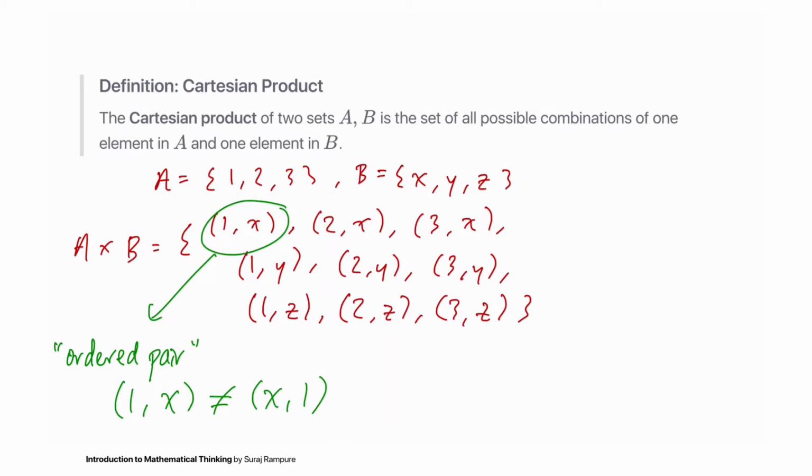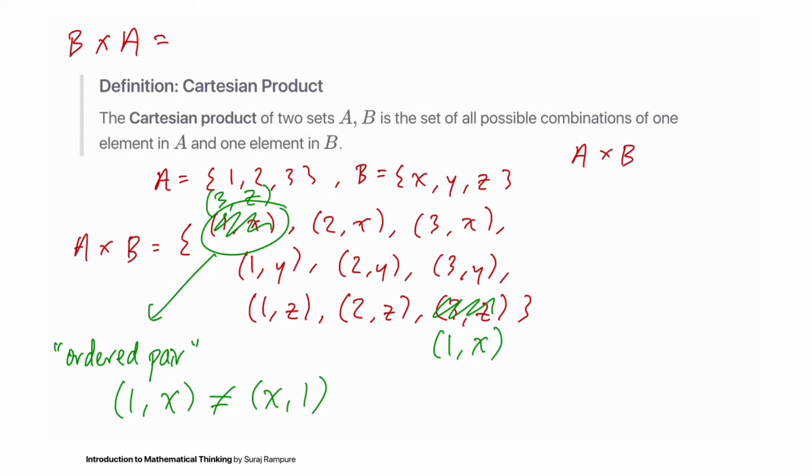So what I can do is rearrange these ordered pairs, and that would still make the same set. If I put 3 comma z here and put 1 comma x here, this is still the same set. But if I flipped the order of all the elements in the ordered pairs, which is what would happen if I had B Cartesian product with A, those would not be the same thing.